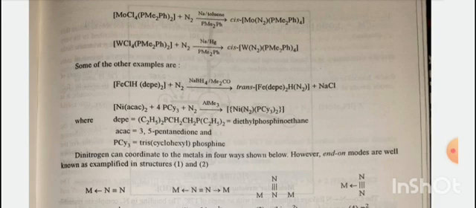WCl4 plus PMe2Ph plus N2 reacts with NaHg and PMe2Ph and gives cis-[W(N2)2(PMe2Ph)4].